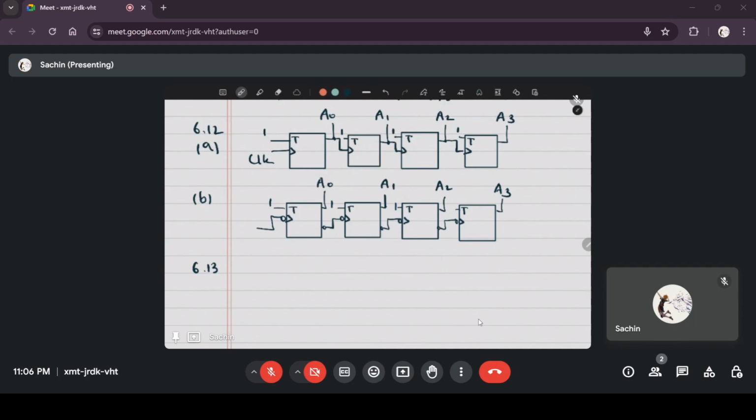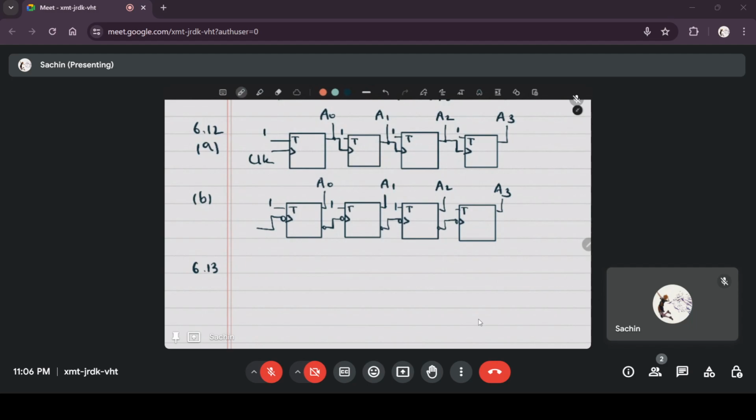That means it goes from 0000 up to 1001, and whenever the output wants to go to 1010, immediately the counter should reset to 0000 and start counting from 0000.